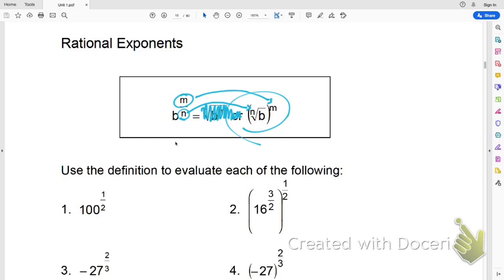So using that type of rule, in question 1, if we have something raised to the 1/2 power, what root is it telling us it converts into? A square root, right? Do you really have to raise something to the first power from the top?